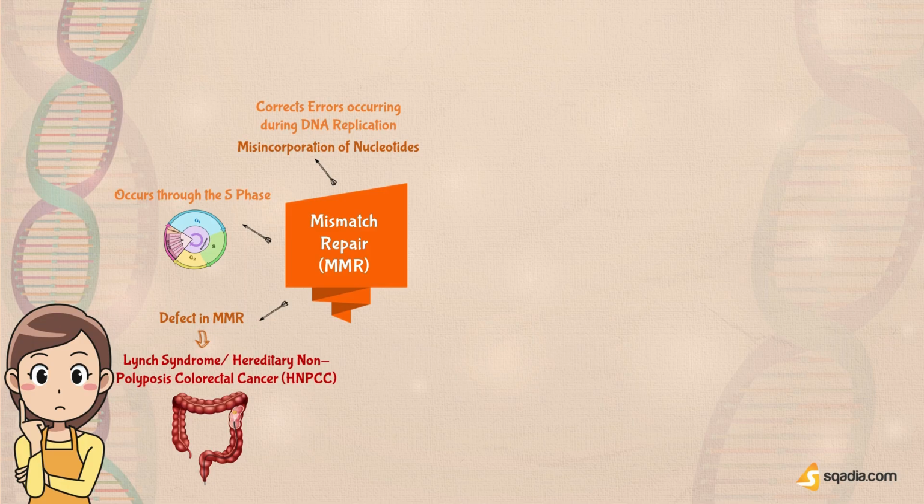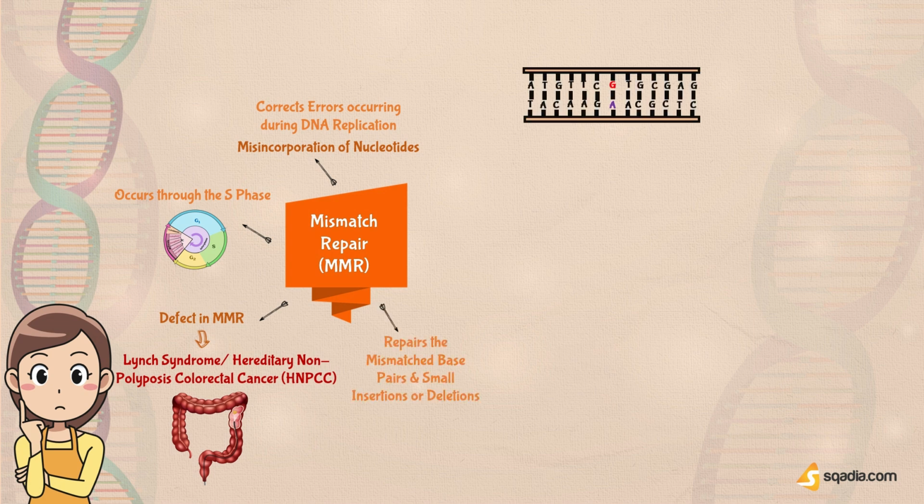Proofreading does catch most errors. However, there are certain errors that escape the proofreading process. And that is where MMR comes into play and repairs the damage. Well, it repairs the undamaged but mismatched base pairs and small insertions or deletions.